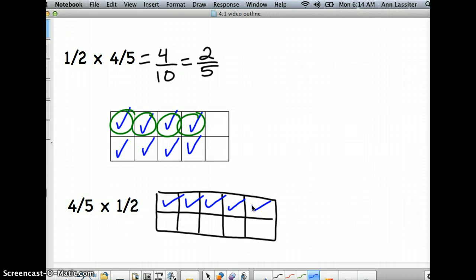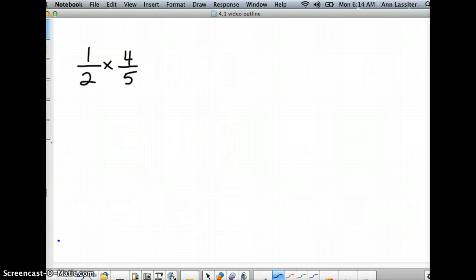And then of the half that I have marked, I want to circle 4 of the 5. So there's 1, 2, 3, 4 of the 5. And again, I've come up that the ones that are circled and checked is 4 out of 10, which is 2/5.